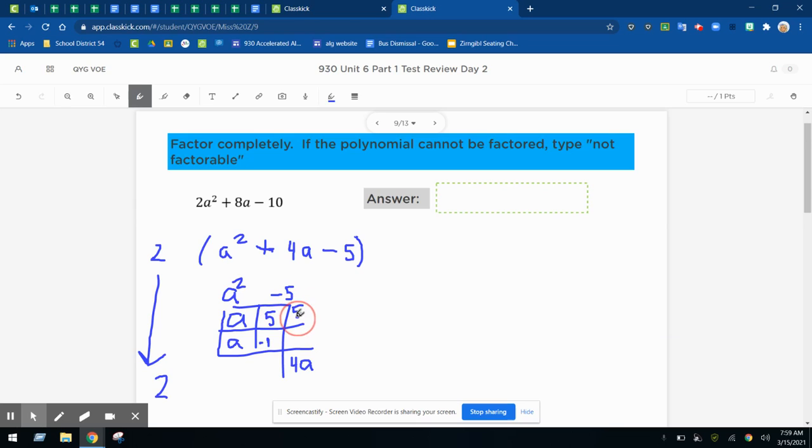That way we get 5a minus a. So our first factor could be a plus 5, and our second factor, a minus 1. So we have 2 times a plus 5 times a minus 1.